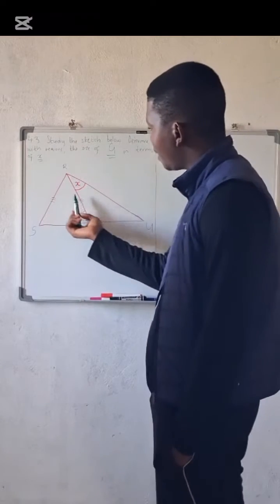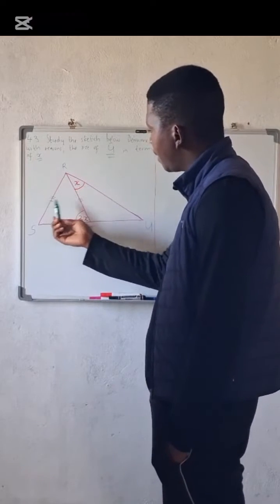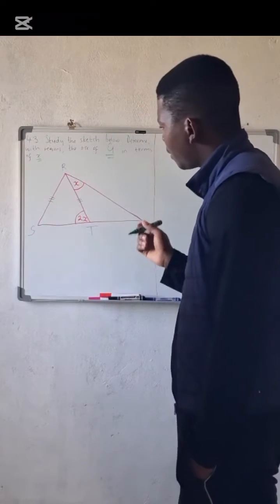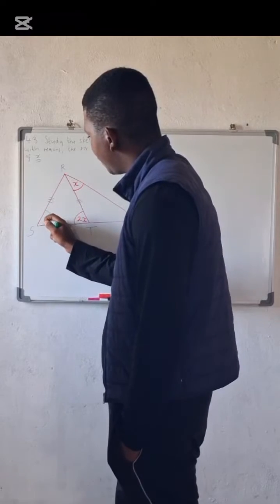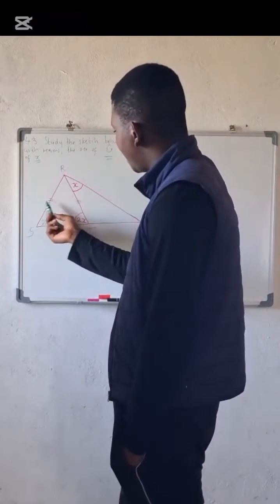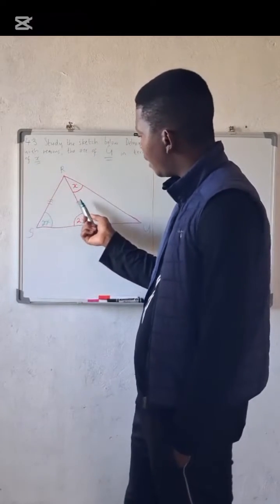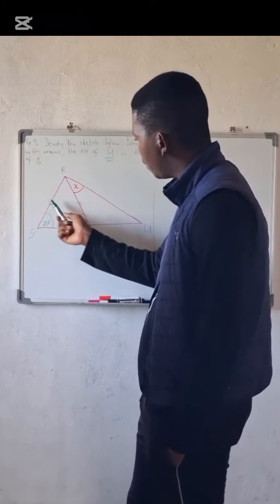So we're given an isosceles triangle. As you can see here, these two sides are equal. I'm just going to jot down information that I can already see here. We can write 2x here. These two sides are equal. Then we know that according to isosceles triangles, the angles opposite to equal sides are also equal.